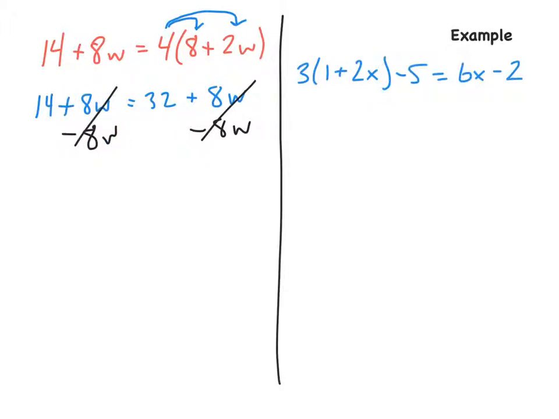Those cancel out as well. So all we have left on the left side is 14. All we have left on the right side is 32. Now, think about this. Does 14 equal 32? No, it does not. So our final answer is no solution.